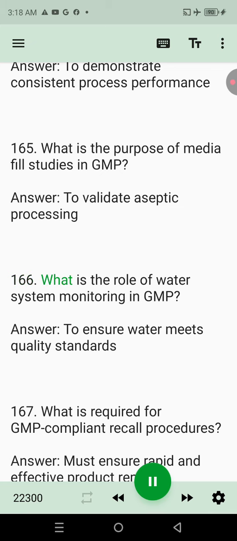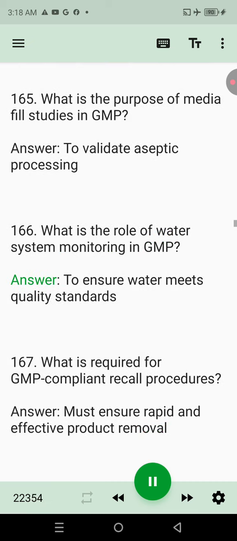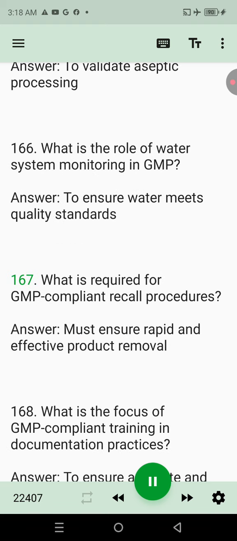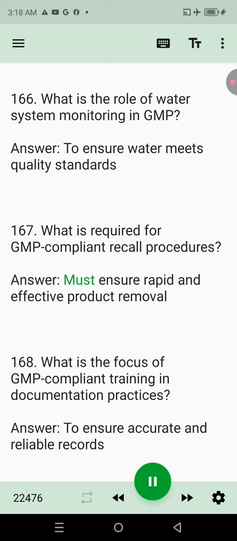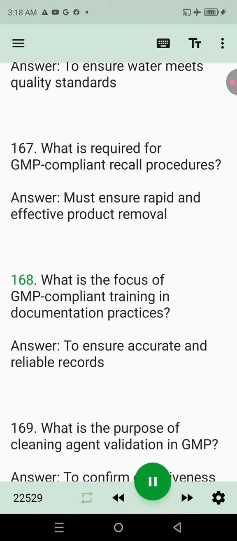166. What is the role of water system monitoring in GMP? Answer: to ensure water meets quality standards. 167. What is required for GMP compliant recall procedures? Answer: must ensure rapid and effective product removal. 168.